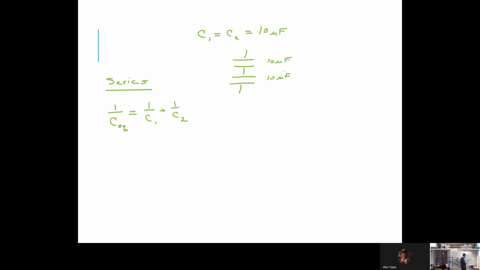If I wanted to replace both of those capacitors with a single capacitor, without changing the overall function, what value would that single capacitor have to be? In other words, what should the capacitance of that equivalent capacitor be equal to?